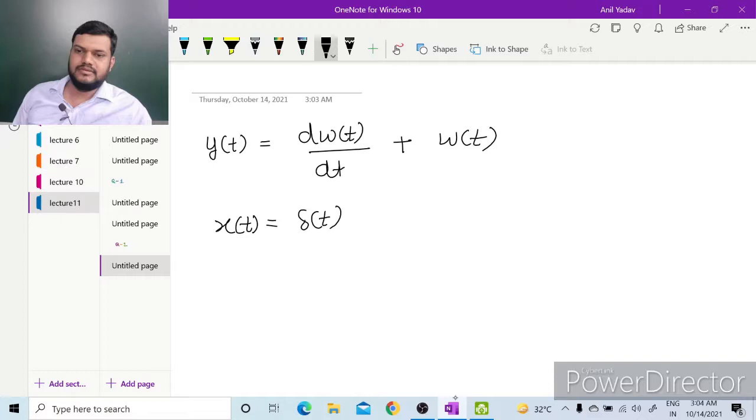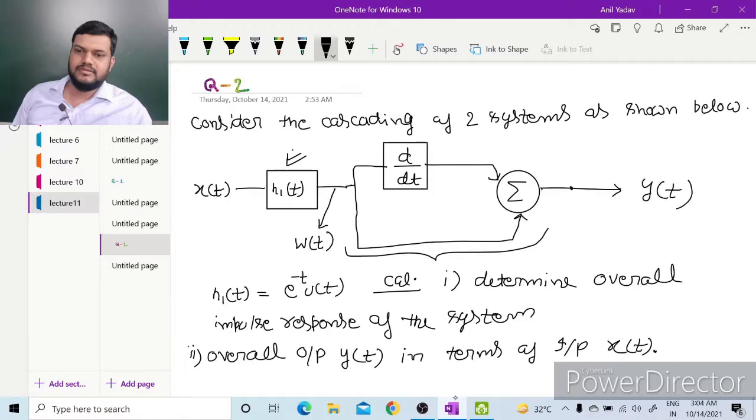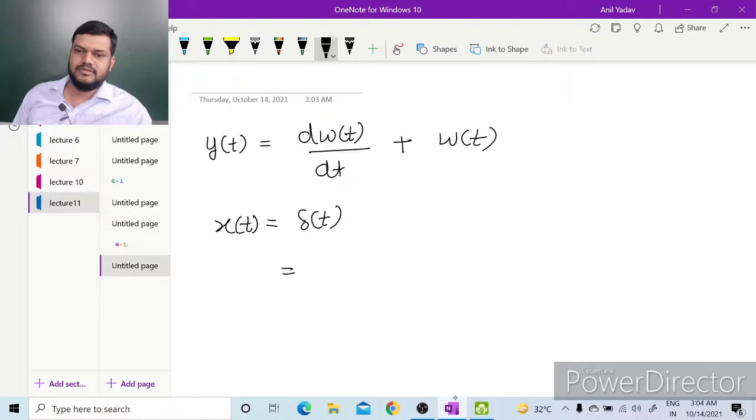As x(t) is δ(t) and we know the impulse response of the first system h1(t), then w(t) will be x(t) convolved with h1(t). x(t) is δ(t) convolved with h1(t), which is e^(-t) u(t).